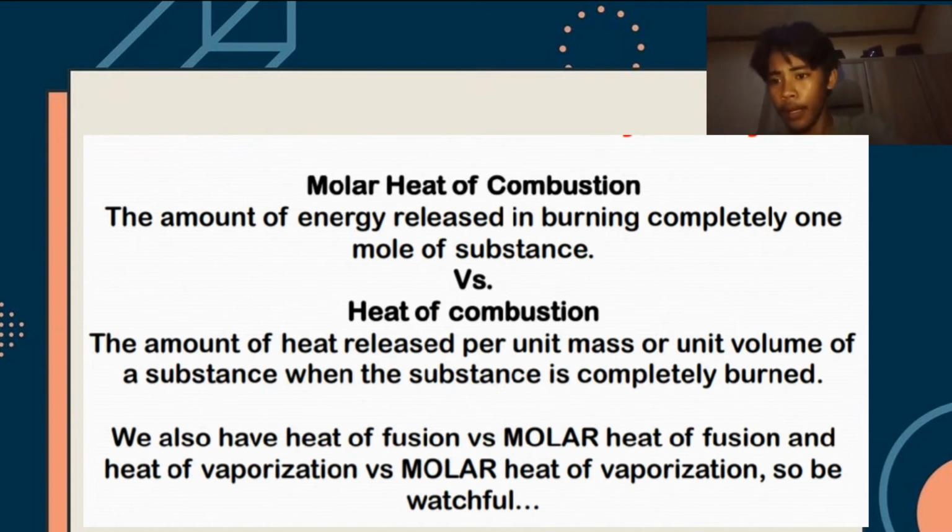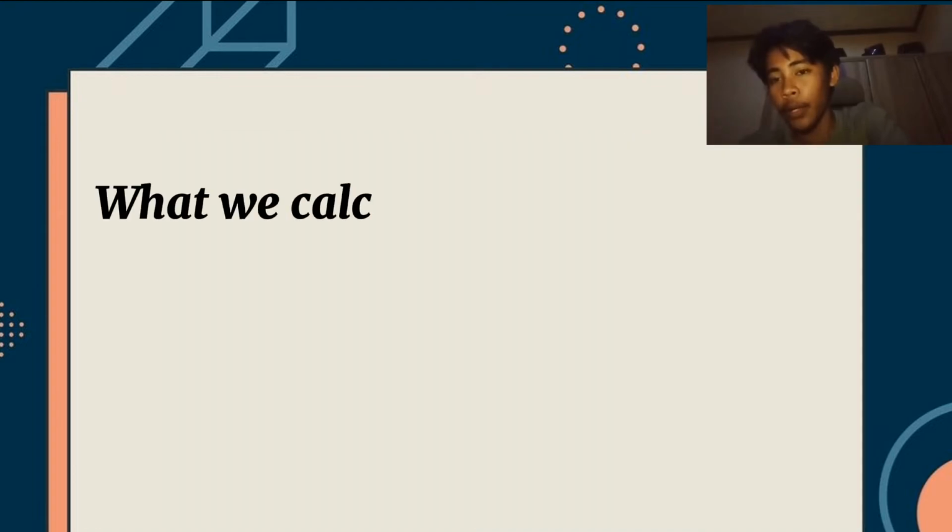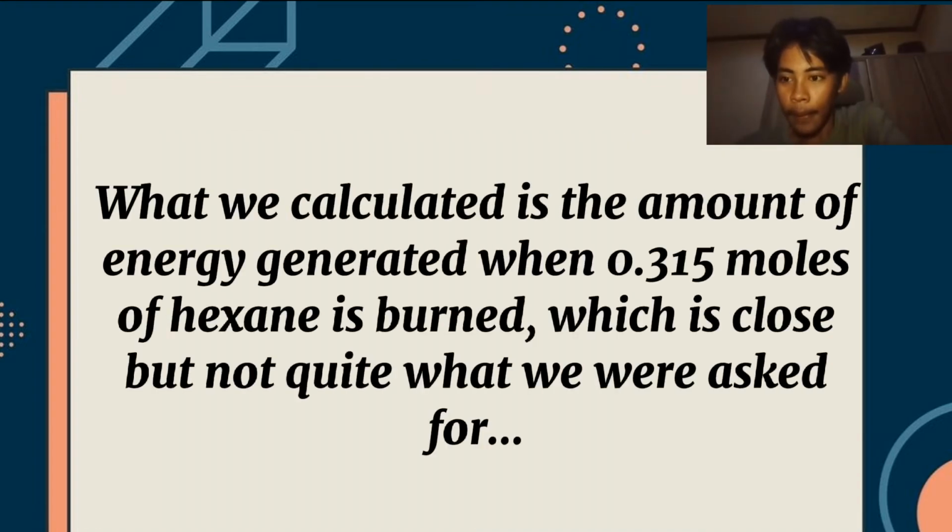We also have heat of fusion versus molar heat of fusion, and heat of vaporization versus molar heat of vaporization. So be watchful. What we calculated is the amount of energy generated when 0.315 moles of hexane is burned, which is close but not quite what we were asked for.